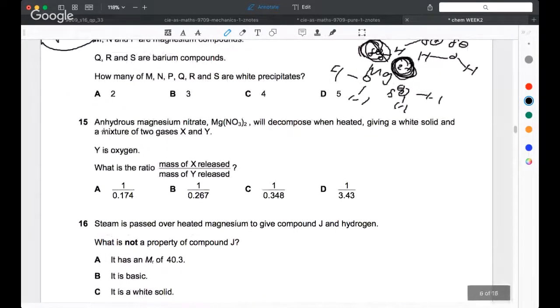So question 50. What is the reaction happening here?